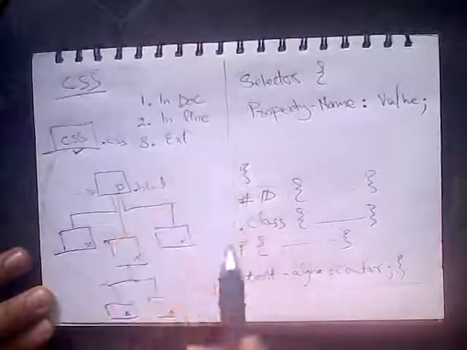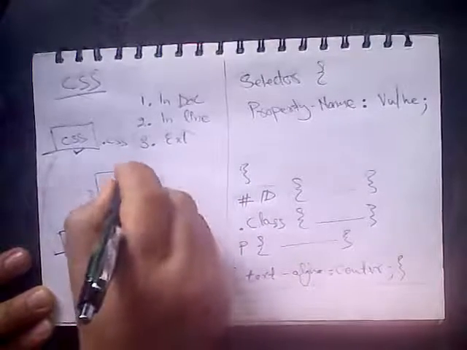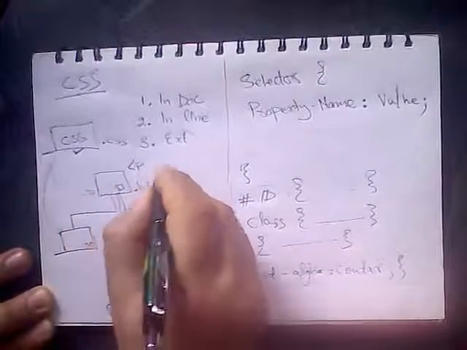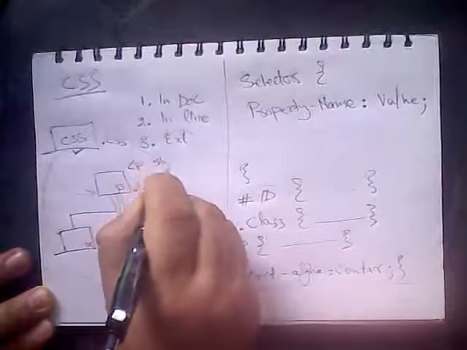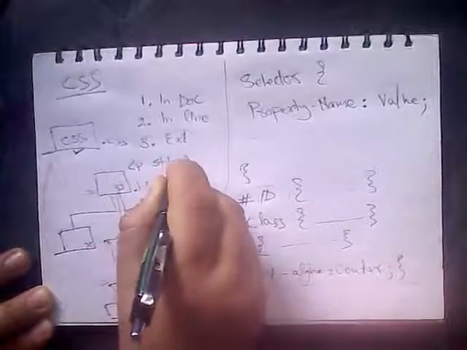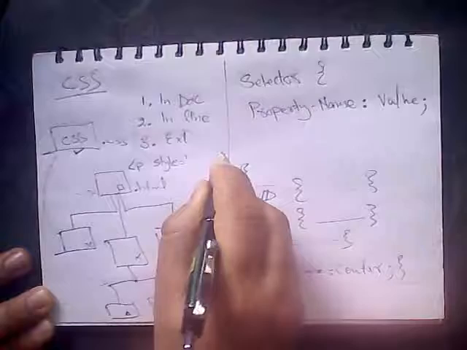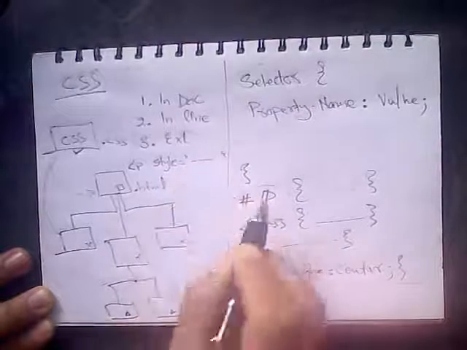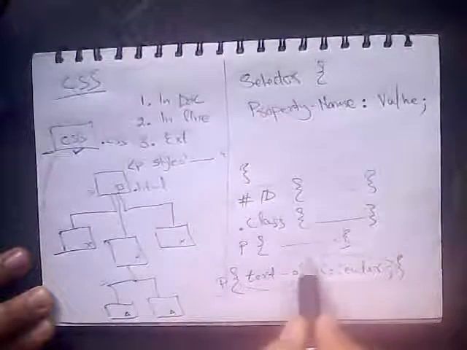What inline means is when you create a paragraph tag, then you do a style attribute like that, and then here your whole CSS code will come. So this could be this part.